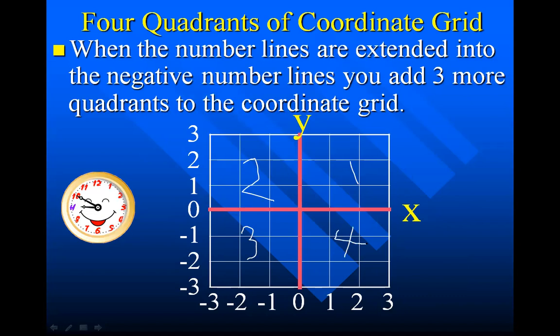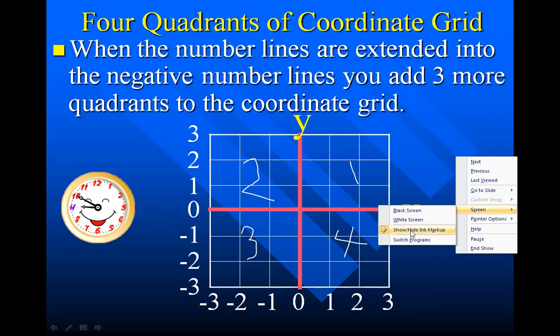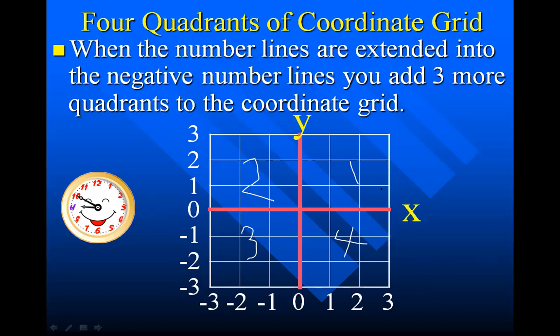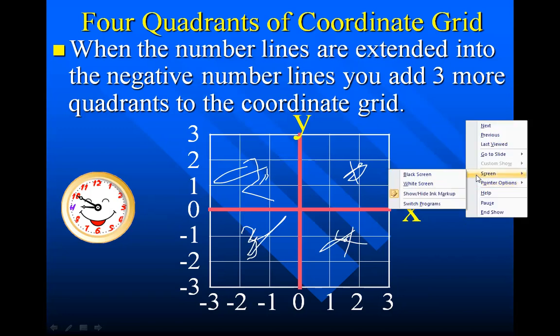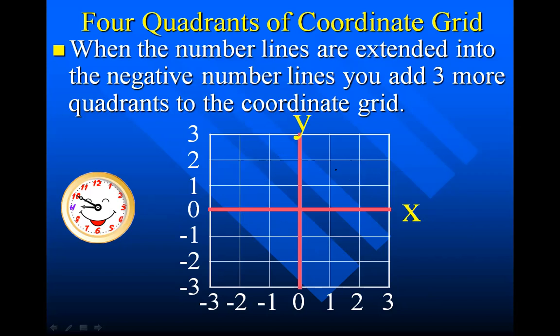I hear some students ask, why did I put 1 here, then 2, 3, 4? Why I put 1 here and 2 here?